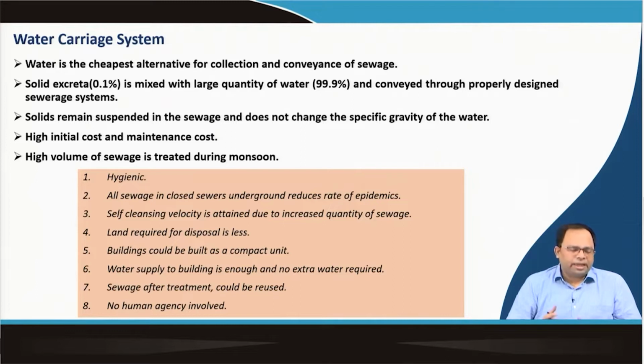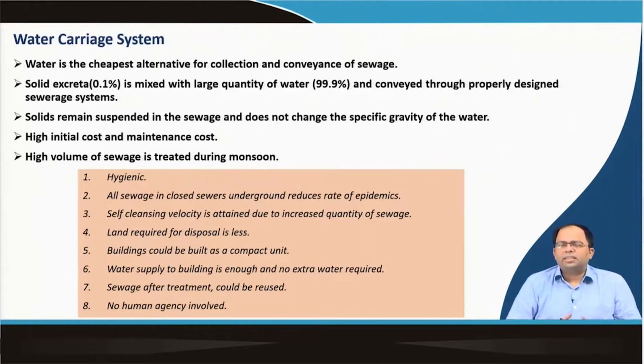Either we can take the sludge to the landfill, or we can make it into manure and so on. In terms of the building, because we are using a water carriage system, buildings could be built as a single unit. That means the toilet does not need to be separate, it can be within the building, and the water supply to the building is adequate.